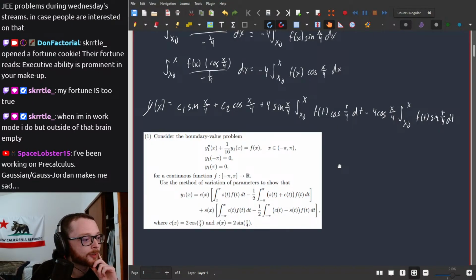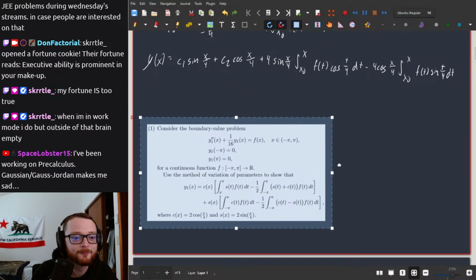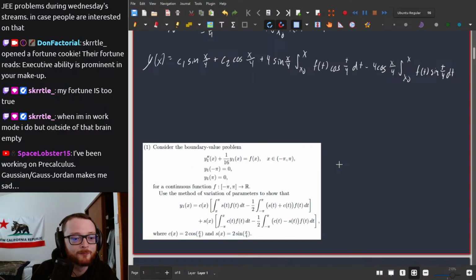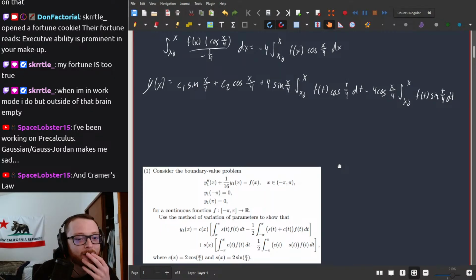Space Lobster, you've been working on pre-calc, Gaussian slash Gauss-Jordan makes me sad. Oh, like with systems of equations? Yeah, I'm sorry. That part of math is important, but it does suck to learn. It's really tedious. So, Cramer, oh god, Cramer's rule.